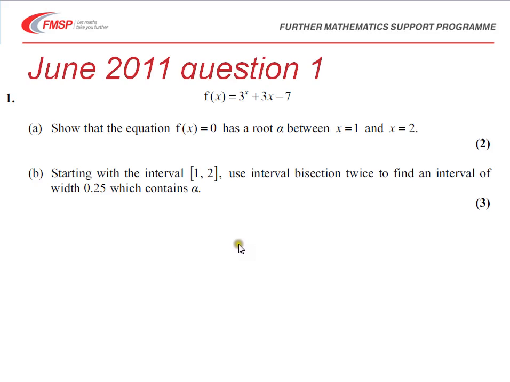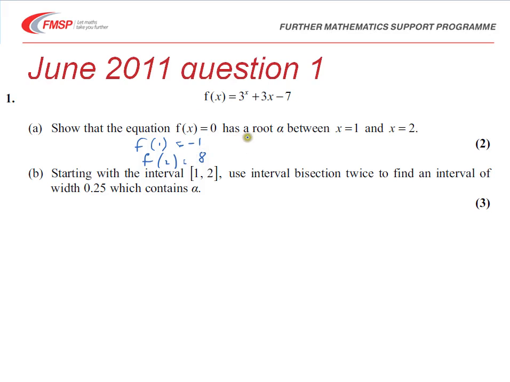So this is the first question then. The idea is to show that the root is between certain values. Well, as I said to you before, this is a case of working out the value of the function at each end. So f of 1 actually turns out to be -1. F of 2 is 8.